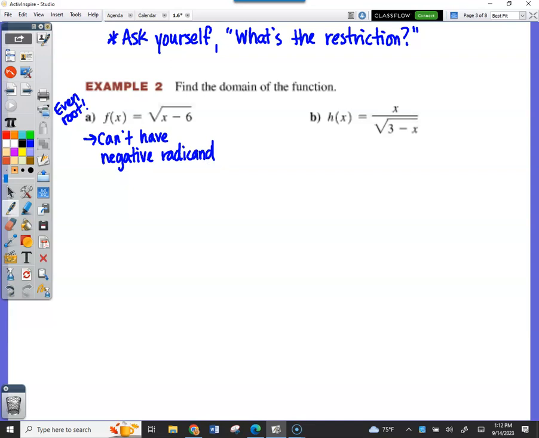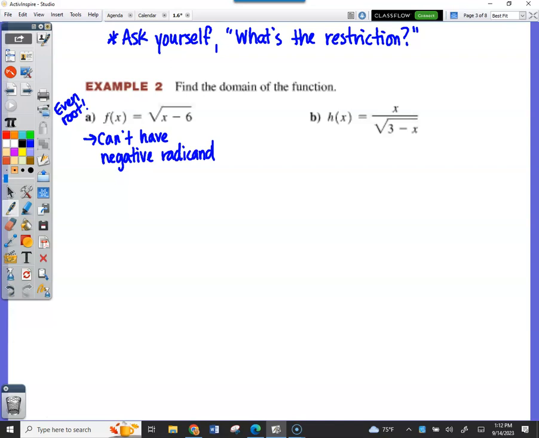It helps to know the word. Radicand means the stuff under that even root. It cannot be negative because you can't take the square root of a negative, because then you've crossed into the imaginary world. So if it cannot be negative, you have to remind yourself, what can it be? It can be positive or it can be zero. Zero's allowed, positive's allowed, negative is not.